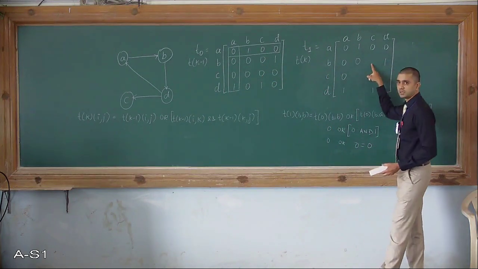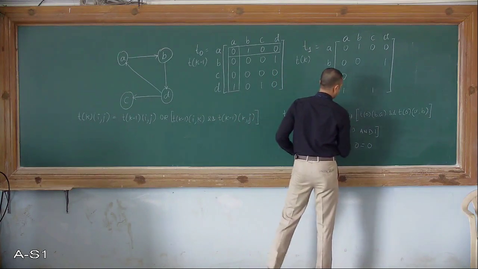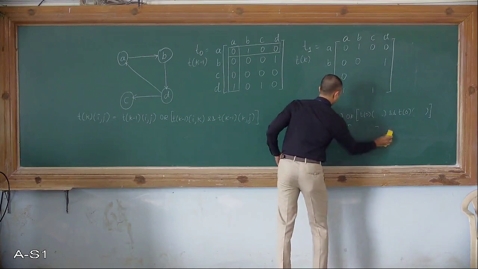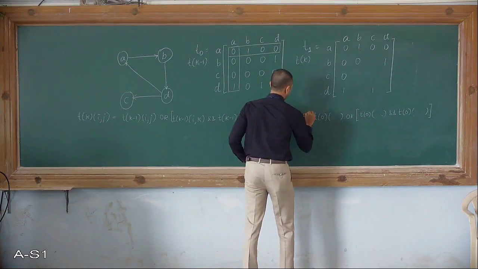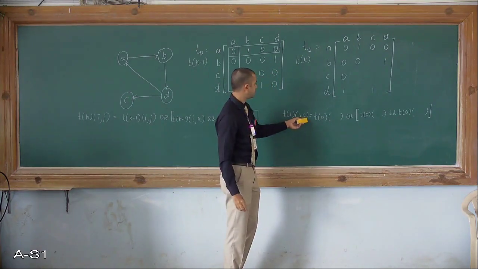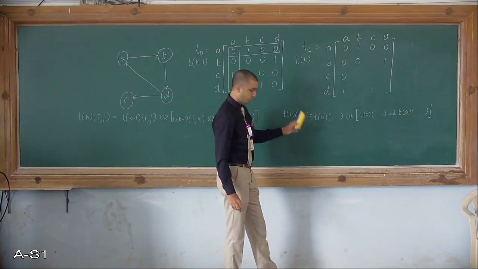B comma c. So in T of 1, that is T of k, B to c, I'm going to see what value I will get. Will I be able to convert it to 1 or not?